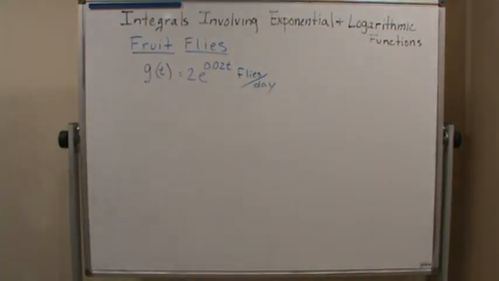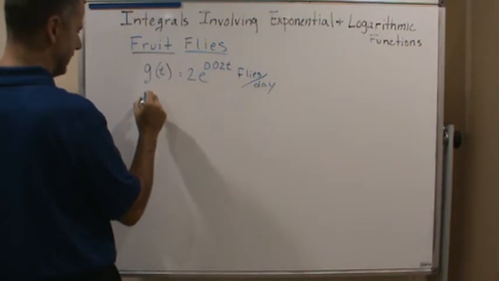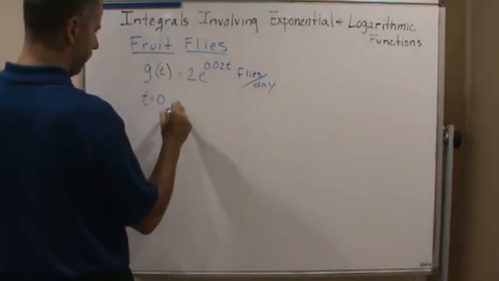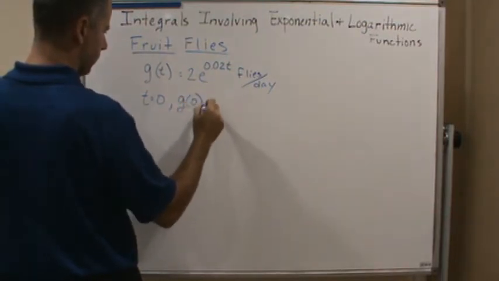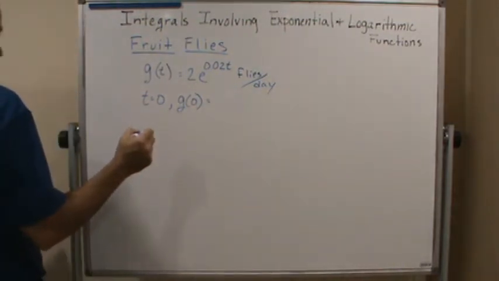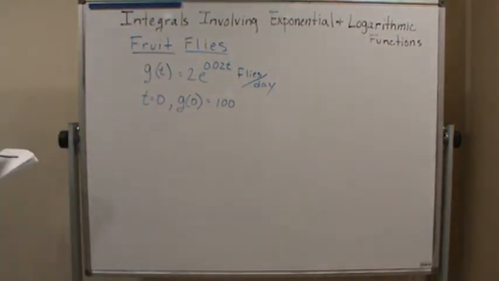If the initial population of fruit flies is 100 flies, well, that means at t equals 0, right? So at t equals 0, g of 0 equals, what was it again? 100 flies. It's a lot of flies. How many flies are in the population after 10 days?